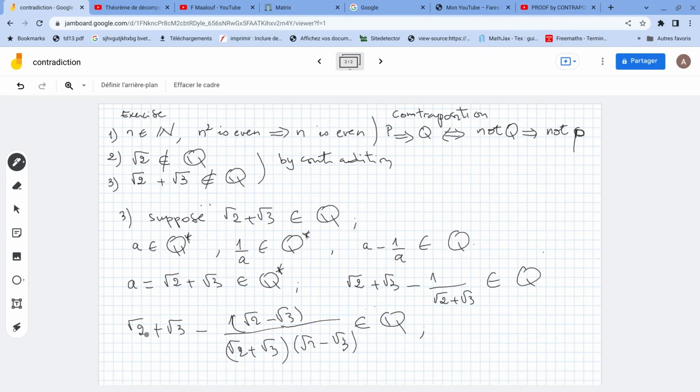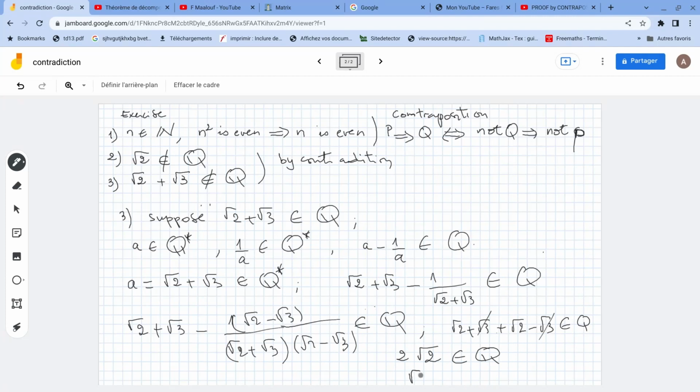So this one is square root 2 plus square root 3, minus, here is minus 1, and with this minus 1 gives plus, square root 2 minus square root 3, which belongs to Q. I cancel here and it gives 2 square root 2 belongs to Q. And we know that if a rational number is divided by 2, the result is a rational number.